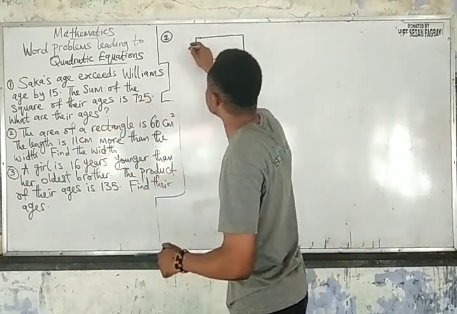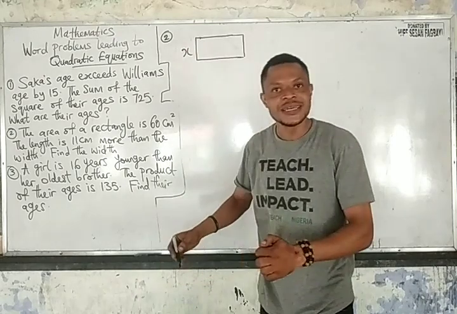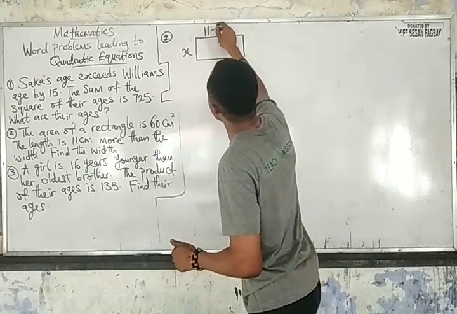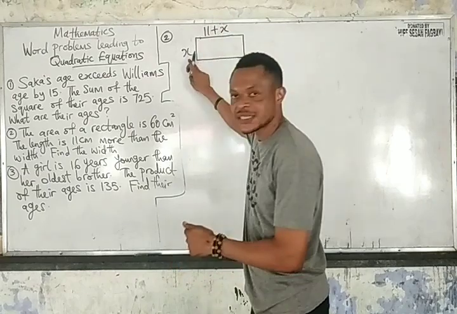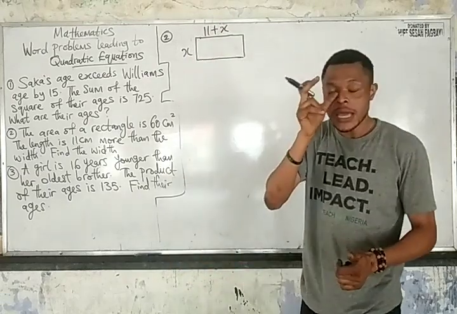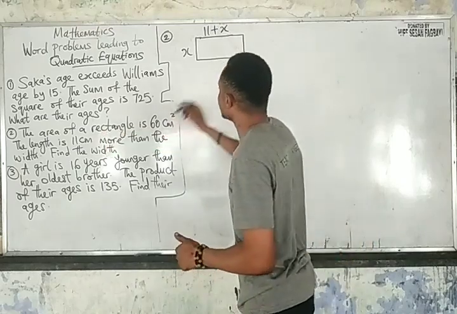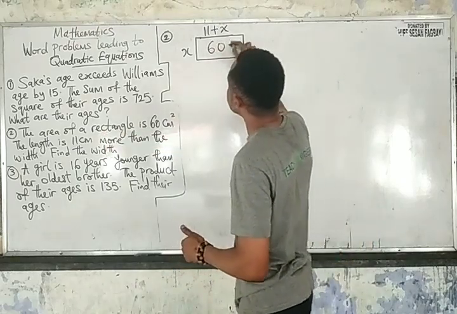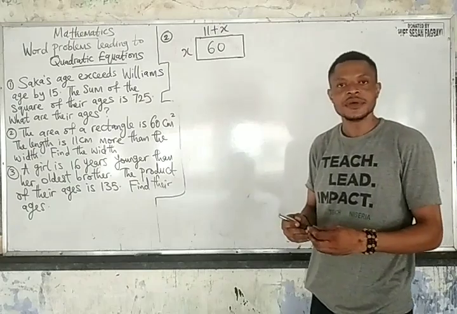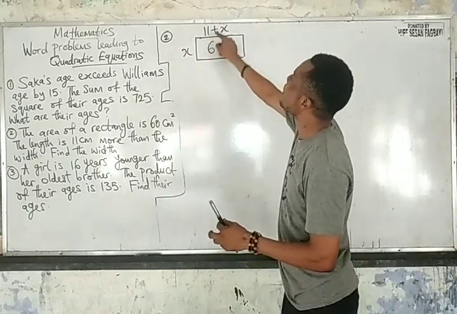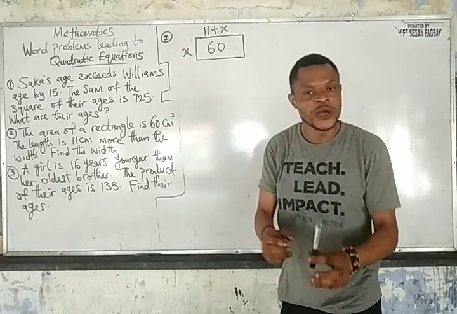So if the width is assumed to be x, definitely the length will be 11 more than the width, which is assumed to be x. Then they gave it to us that the area is 60 centimeters squared. So if the width is x, the length will be 11 more than the width.